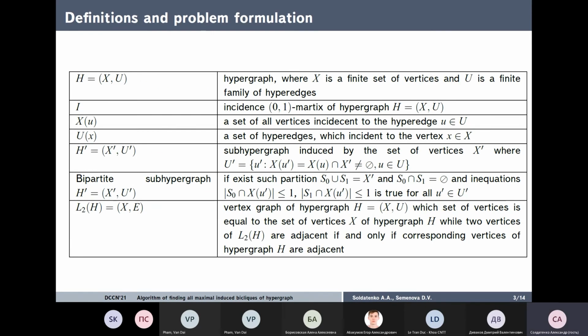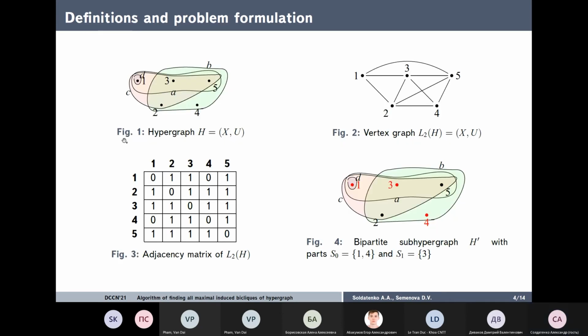On this frame, you can see definitions necessary for further presentation. These include definition of hypergraph, subhypergraph induced by the set of vertices, bipartite subhypergraph, and vertex graph of a hypergraph. Let us illustrate these definitions. In figure 1, a hypergraph is shown.